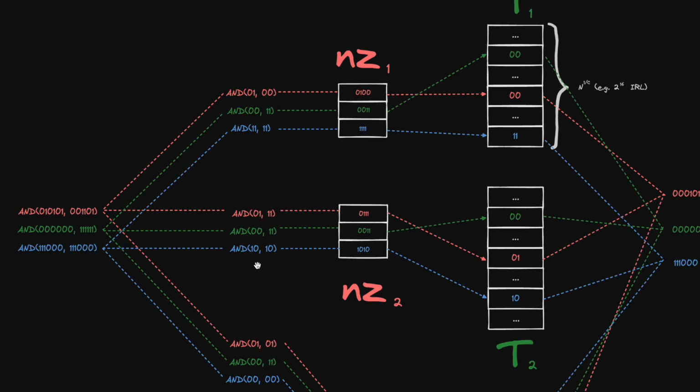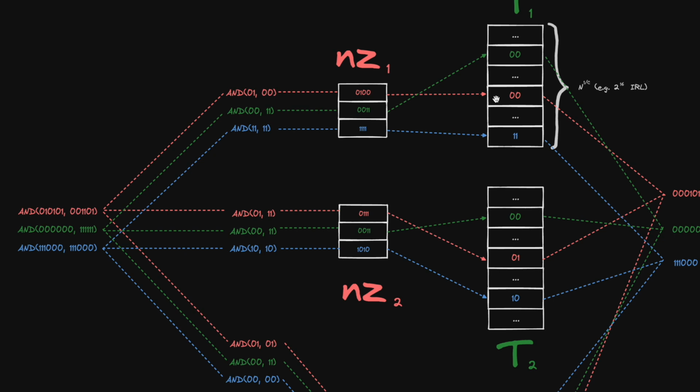So 1, 2, 3. Now each chunk will get its own NZ vector, which again is just concatenating these now smaller operands. And the entries of NZ are used to index into these now smaller subtables T1 through Tc. Just like the big table, these subtables contain the outputs of bitwise AND, now over 2-bit operands. So the table entry corresponding to the index 0100 contains 00.